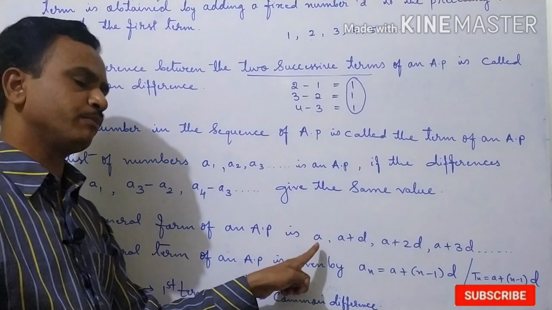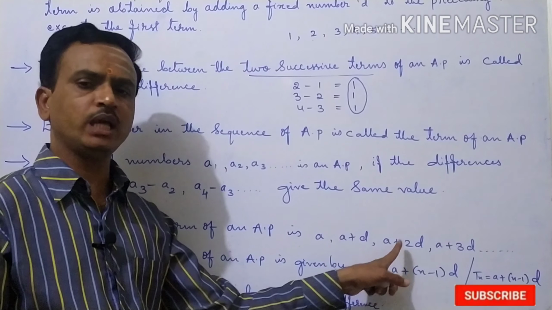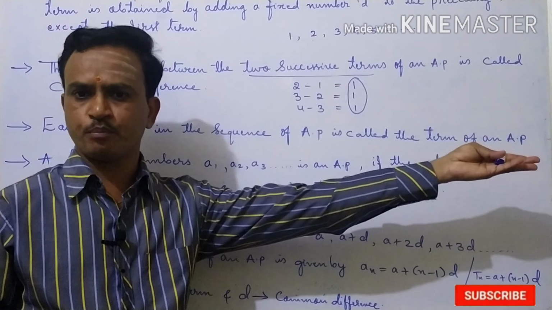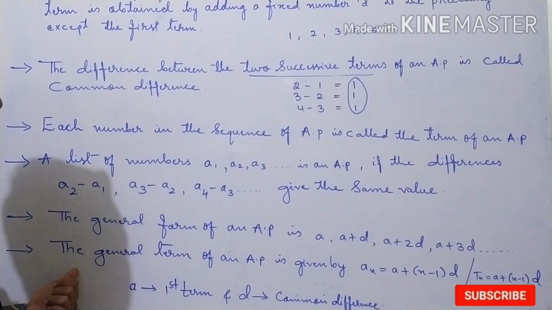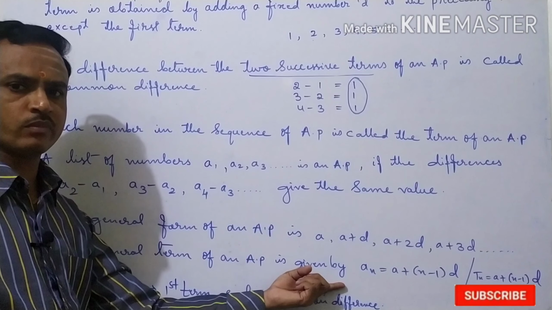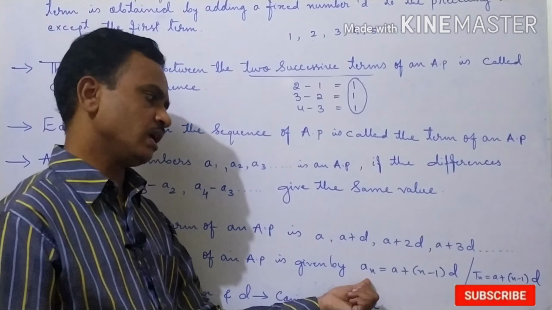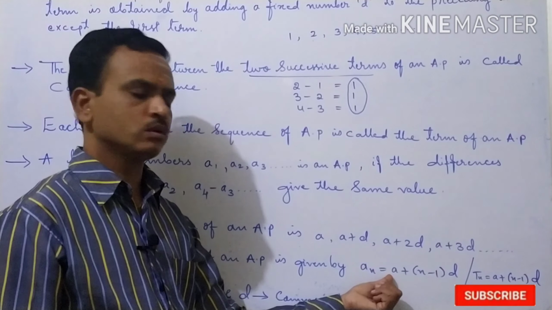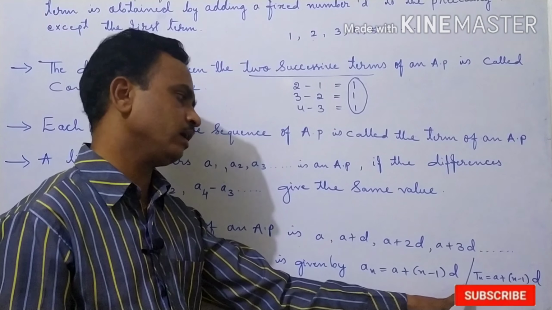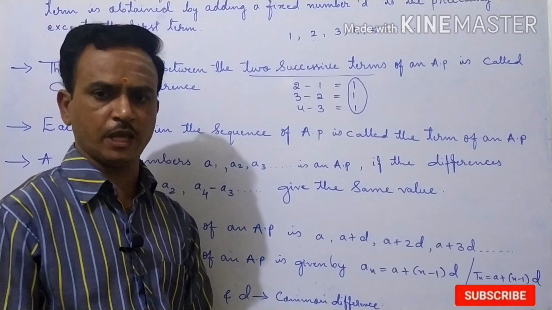Next point, the general form of an AP. What is the general form of an arithmetic progression? It is a, a plus d, a plus 2d, a plus 3d, a plus 4d and so on. Then the general term of an arithmetic progression is given by an is equal to a plus n minus 1 into d, or we can take Tn is equal to a plus n minus 1 into d.